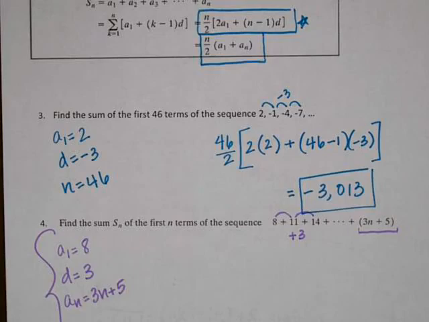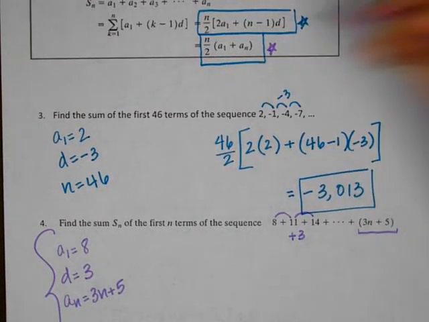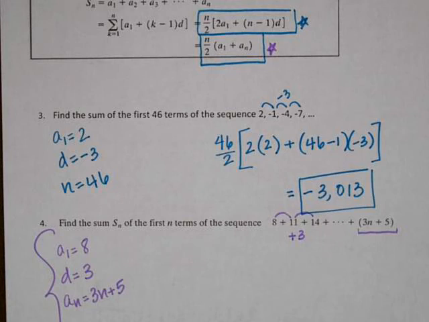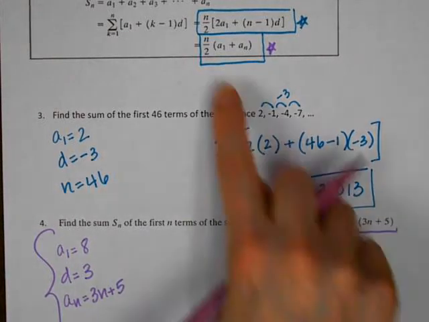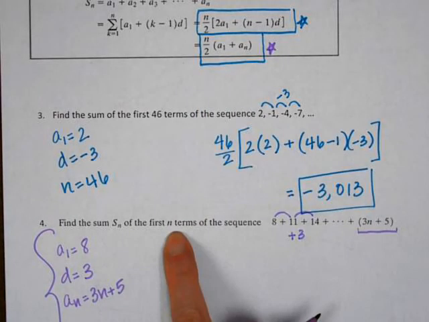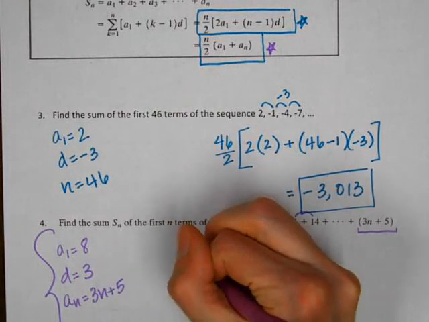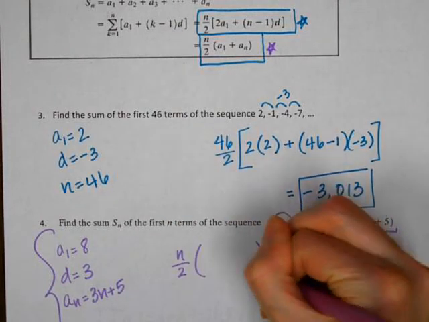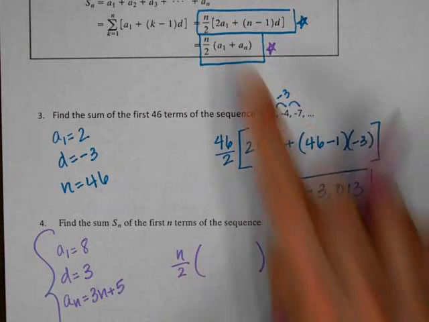So I'm going to use the formula that allows me to plug in these numbers here. I think for this one, well, it actually doesn't matter. Why not on this one? I'm going to use this formula. It doesn't matter. Okay, so final answer, n over 2. We don't know n, so it's just going to be n over 2 times a sub 1 plus a sub n.